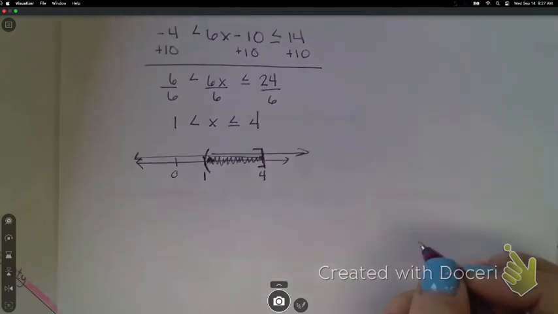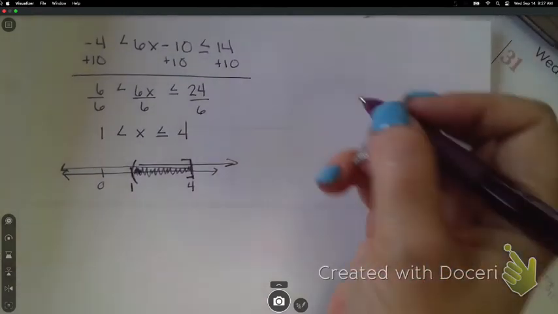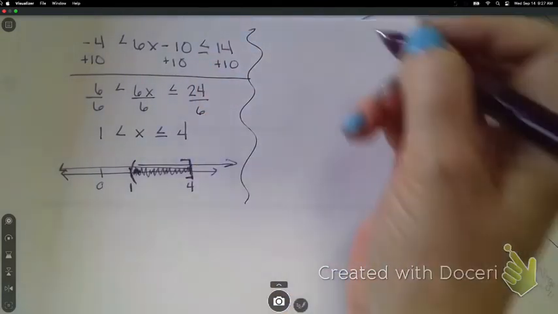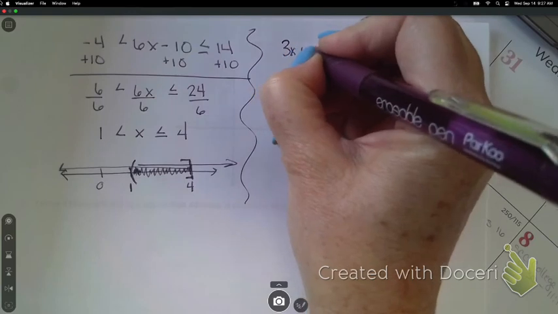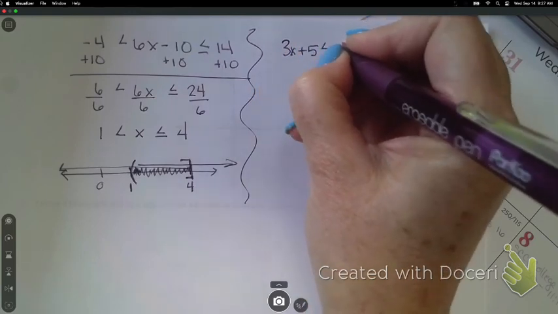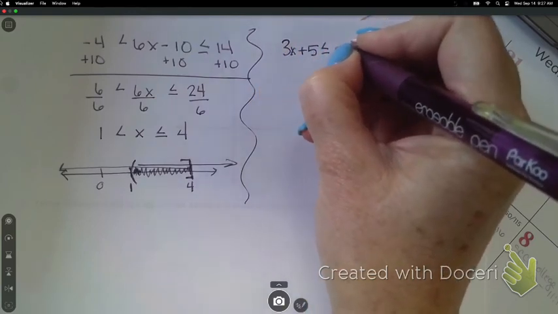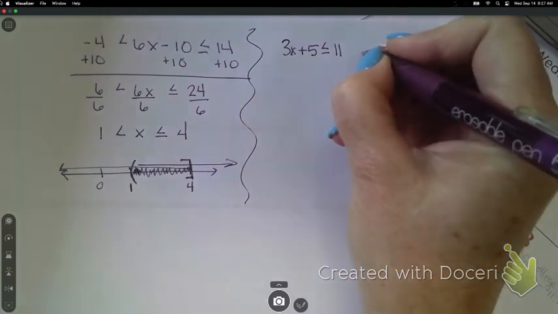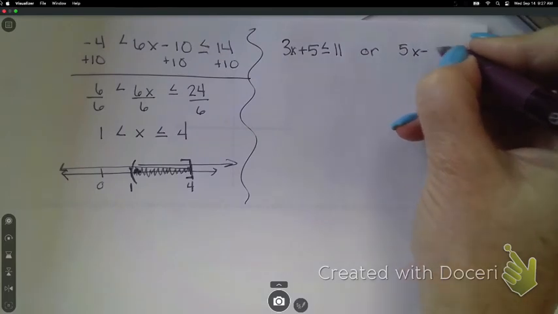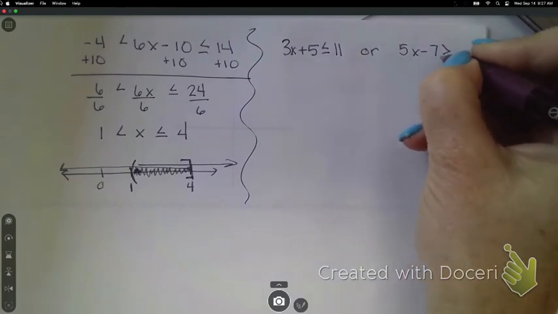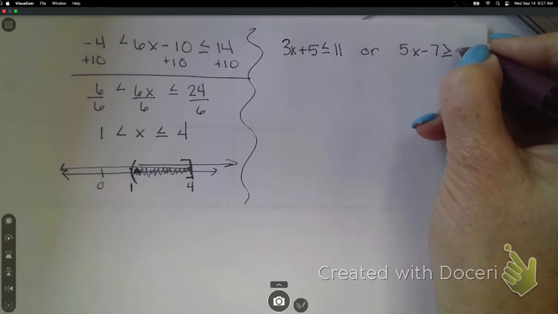Last example I got. 3x plus 5 is less than or equal to 11, or 5x minus 7 is greater than or equal to 23.